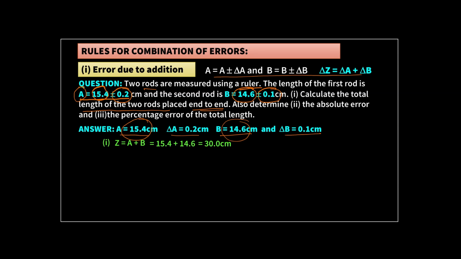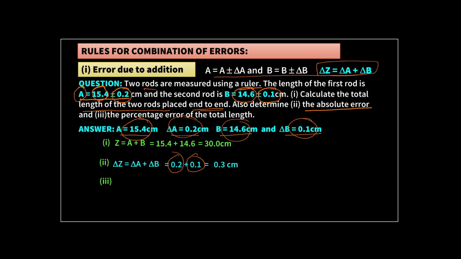Now what do they want? The second part of the question, they wanted the absolute error in total length, which is this. Error in A plus absolute error in B, which gives you 0.3 centimeter. What is the third one they wanted? They wanted the percentage error in total length. To get the percentage error in total length, we have to find relative error first.